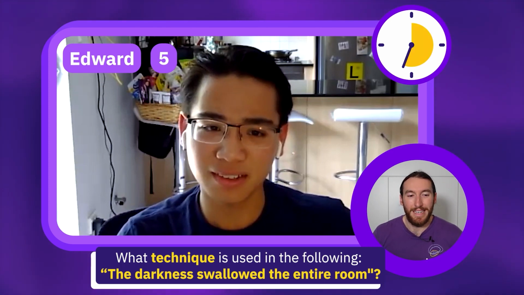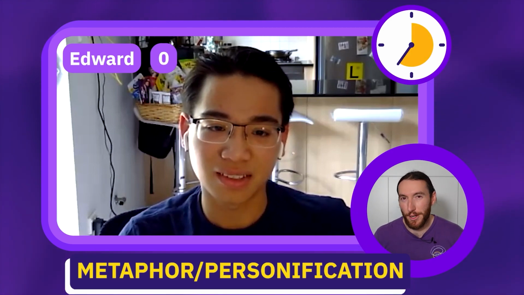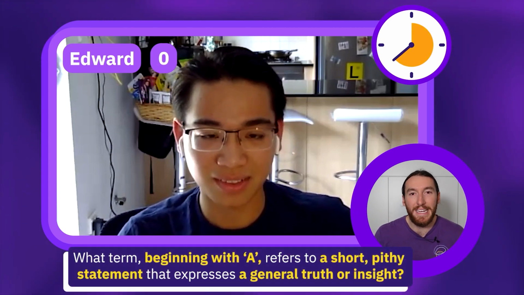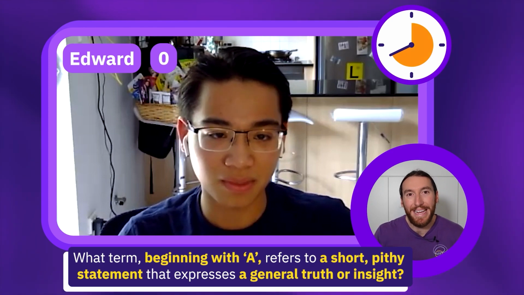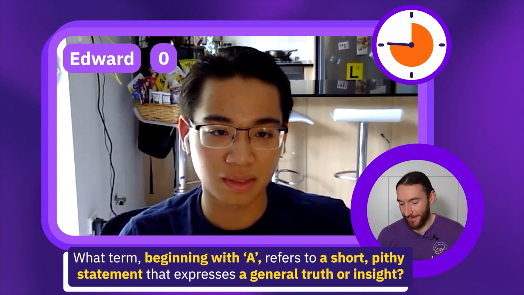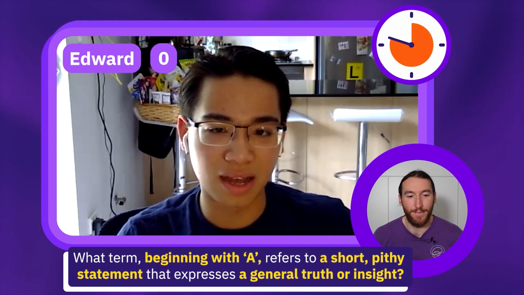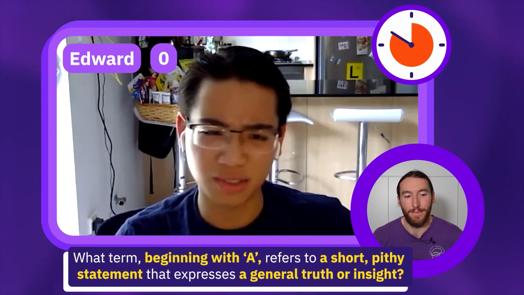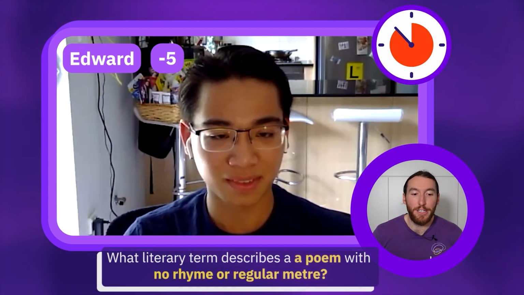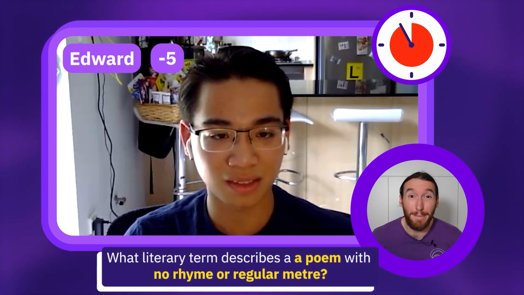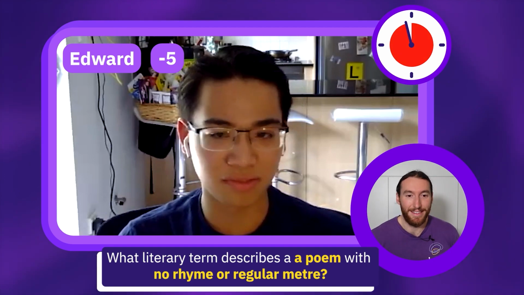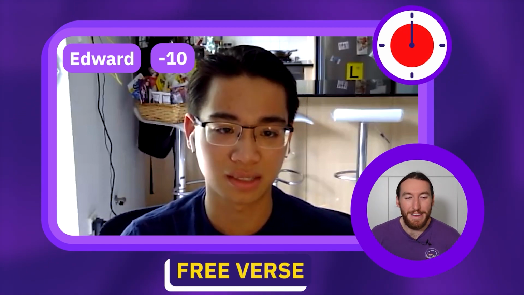Imagery. We're looking for a more specific one, metaphor personification. What term beginning with A refers to a short, pithy statement that expresses a general truth or insight? Anecdote? No. Aphorism. And what literary term describes a poem with no rhyme or regular meter? Freestyle poem. We're looking for free verse.